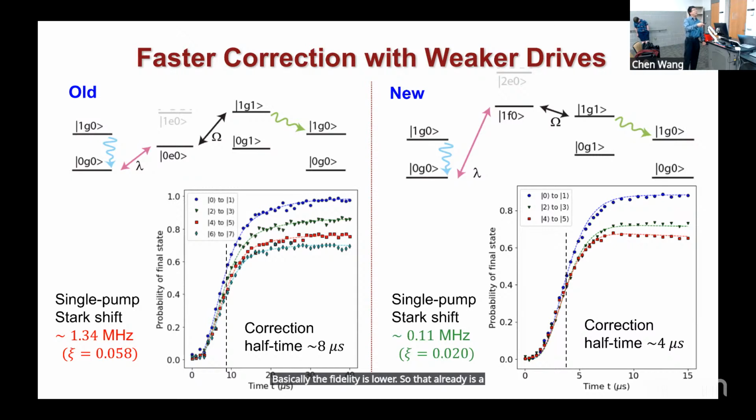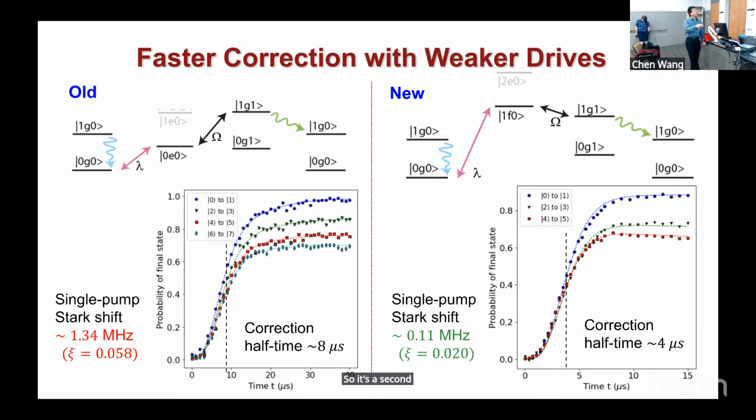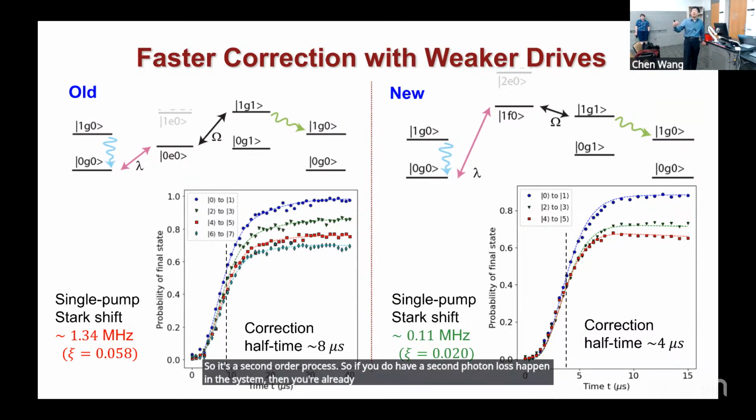It is a problem, but of course it's a second order error, because you're basically talking about losing a photon, then you correct, and then another photon loss happens. So it's a second order process. If a second photon loss happens in the system, then you're already dead by error correction standards.